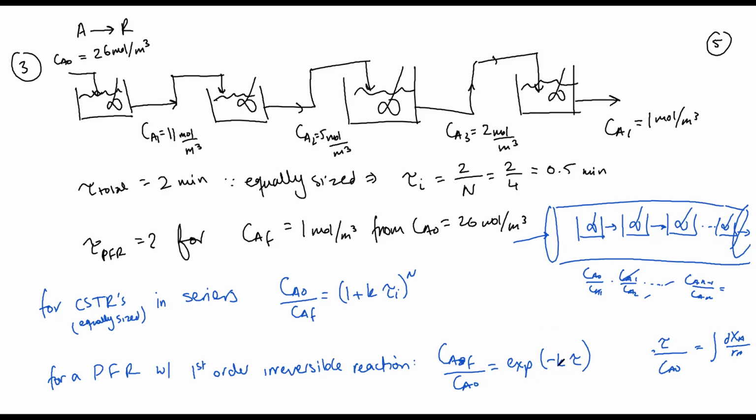You can verify this in your own time, or you can remember it for an exam. You just want to use this equation for a first order irreversible reaction. It's in your slides, so you can use it directly.